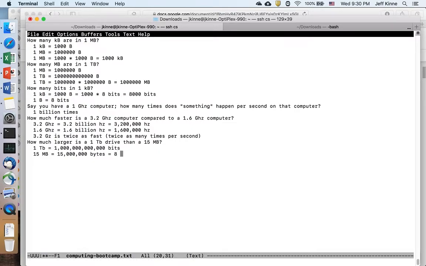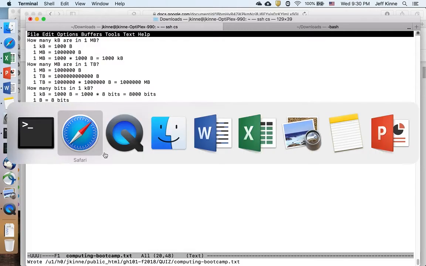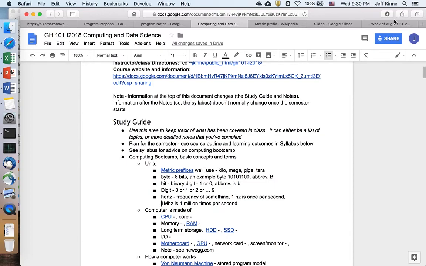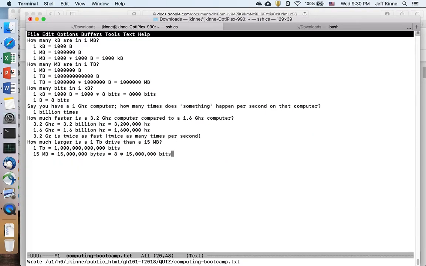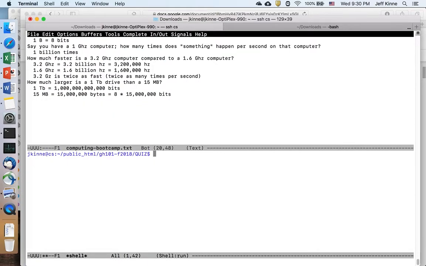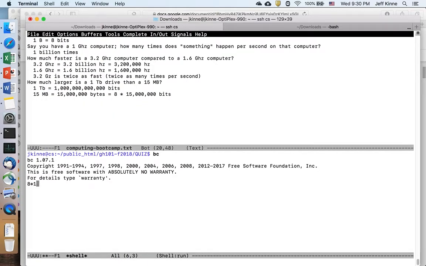That's 8 times 15, 8 times 15 million bits. So 8 times 15, that's 120 million bits.